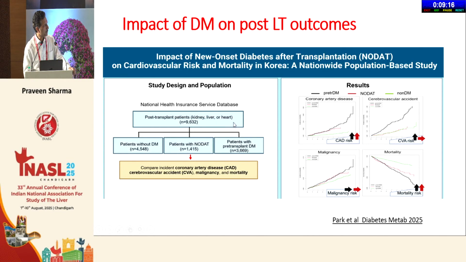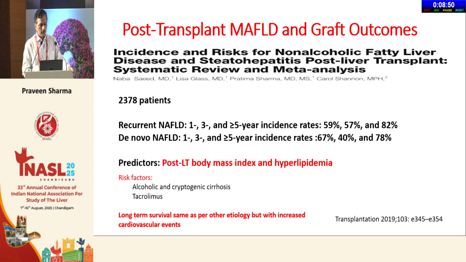If we follow even liver transplant patients, or any other type of solid organ transplant, we see that if the patient has no diabetes, he fares better and the cardiovascular risk is less. But if the patient has diabetes prior to the transplant or develops diabetes later on, they have more cardiac risk factors, more CVA, and more mortality. So evaluating a patient for diabetes before and after transplant is very important.